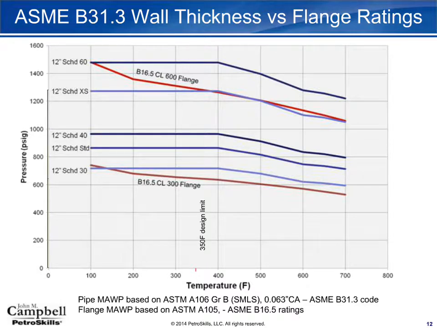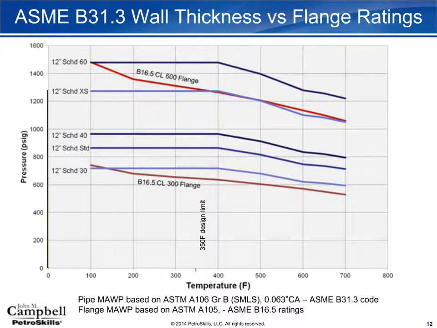When I compare this to B31.4, B31.4 has an upper design limit on the code of 250 Fahrenheit. So you never reach the point in B31.4 where the allowable stress starts to derate. In B31.8, there is a derate factor where they start to derate above 100 degrees Fahrenheit. They start to derate from 100 to 450.